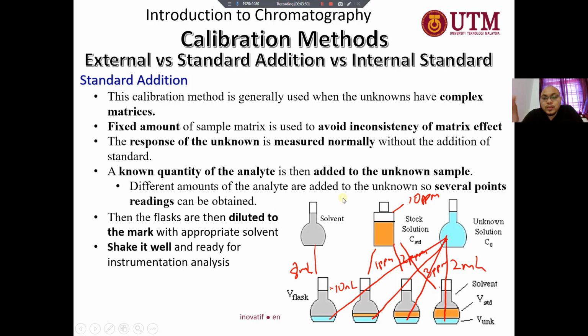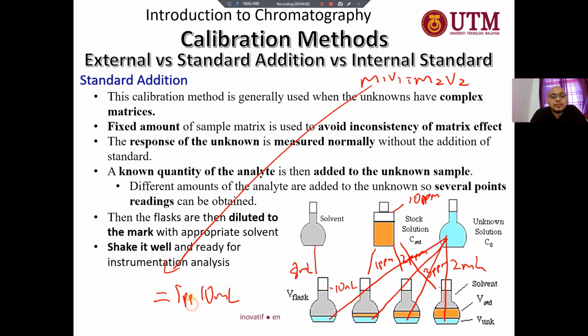We use M1V1 equals M2V2. The flask is 10 ml and the final concentration is 1 ppm, with an initial concentration of 10 ppm. So V1 equals 1 ml. Here you add 1 ml, here you add 2 ml, and here you add 3 ml, in order to get 3 ppm.